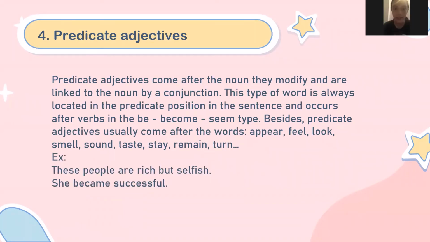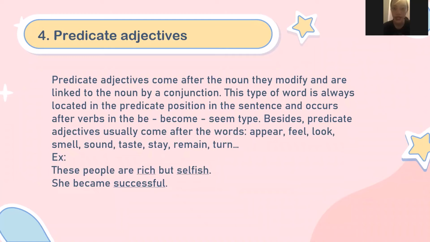Predicate adjectives. Predicate adjectives come after the noun they modify and are linked to the noun by a linking verb. This type of word is always located in the predicate position in the sentence and occurs after verbs in the be and become type.